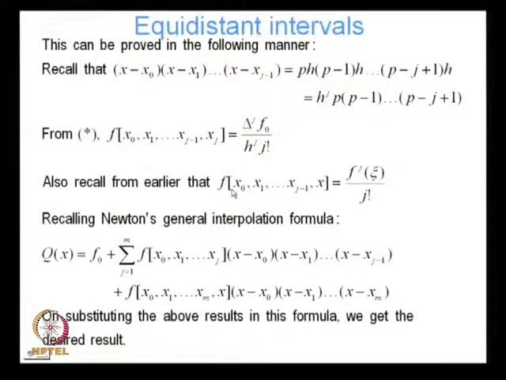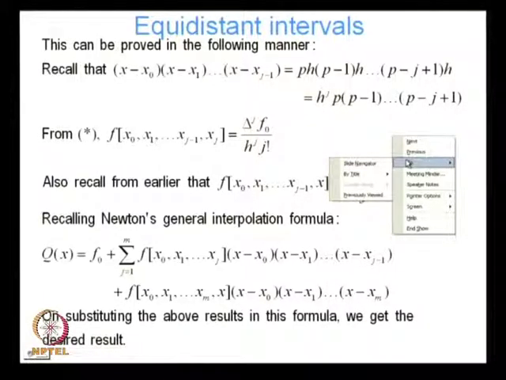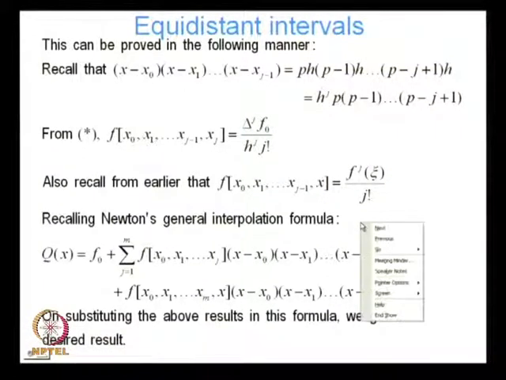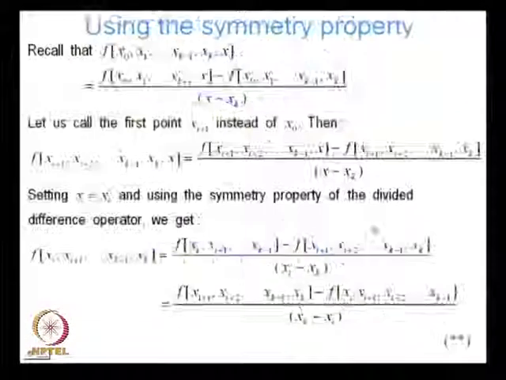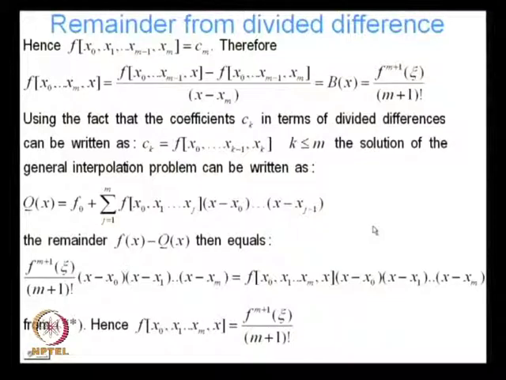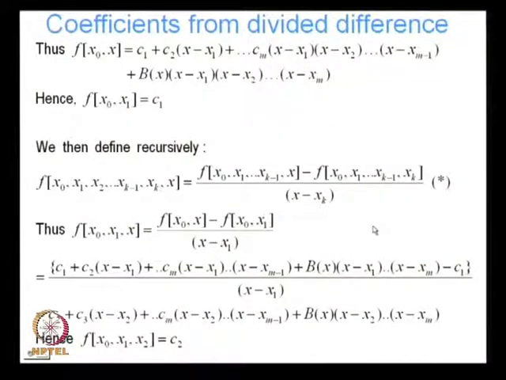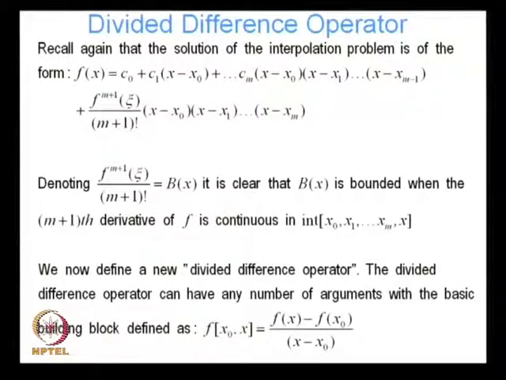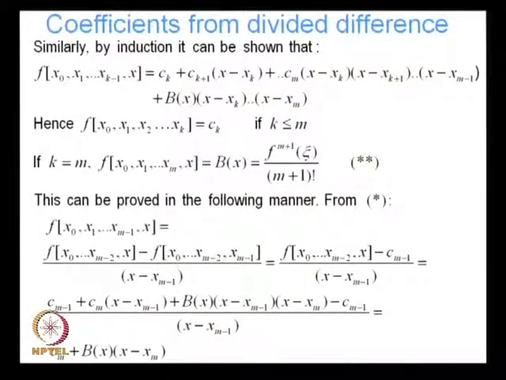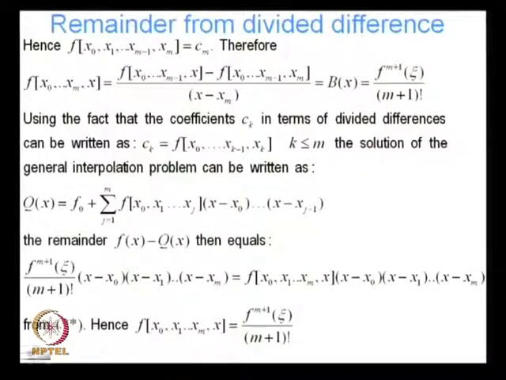And also recall from earlier that this expression f[x0, x1, ..., xj-1, x] is equal to fj over factorial j. Where did we see? Let's go back. Right here, this is where we showed that.